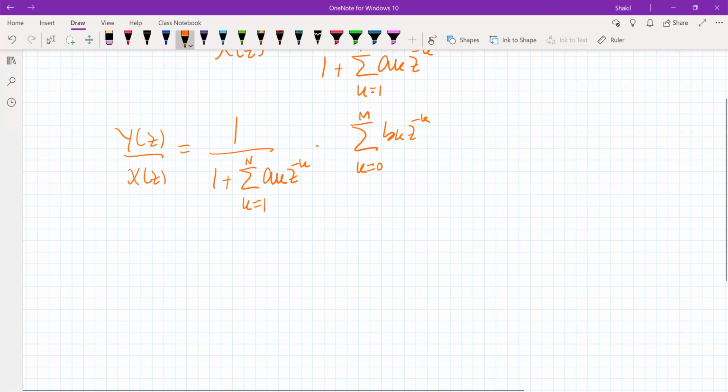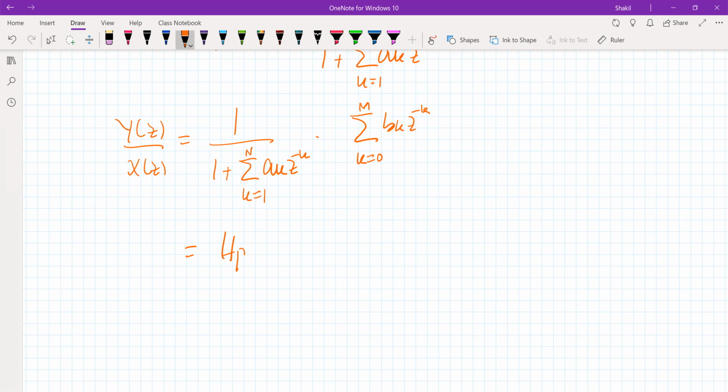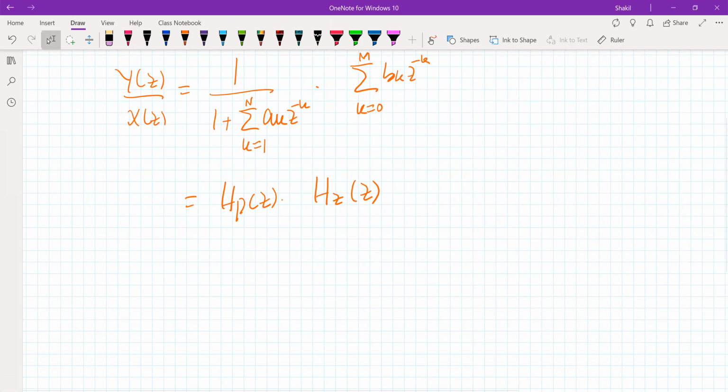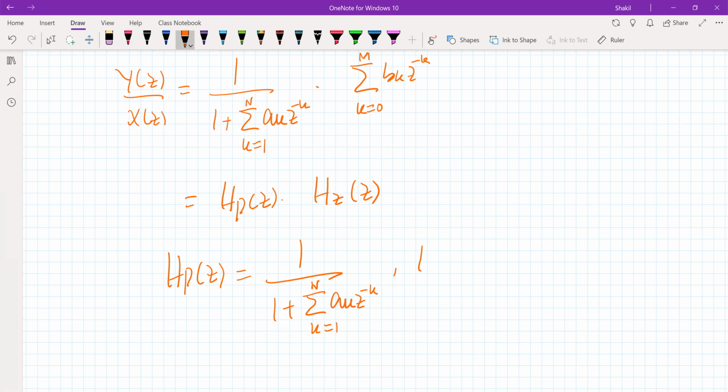Let's call it H_P(z), meaning all poles of this transfer function, and then H_Z(z), meaning zeros, where H_P(z) is 1 divided by 1 plus the summation k running from 1 to n of a_k z^-k, and H_Z(z) is the summation k running from 0 to m of b_k z^-k.